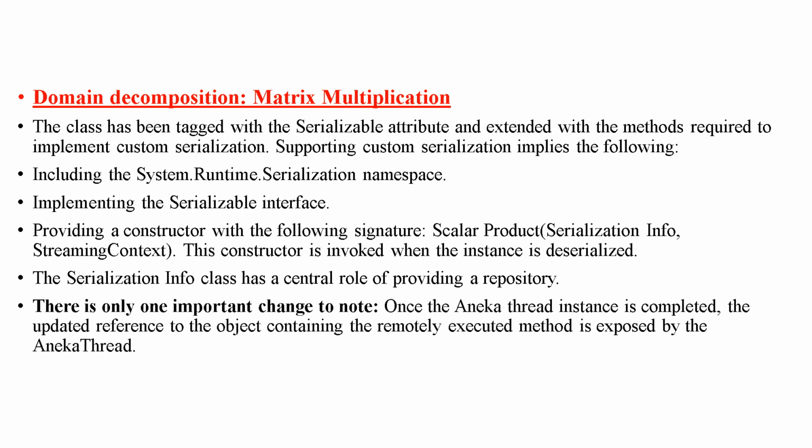There is only one important change to note: once the Aneka thread instance is completed, the updated reference to the object containing the remotely executed method is exposed by the AnekaThread.Target property, and not the local variable referencing the object that was initially used to create the delegate.